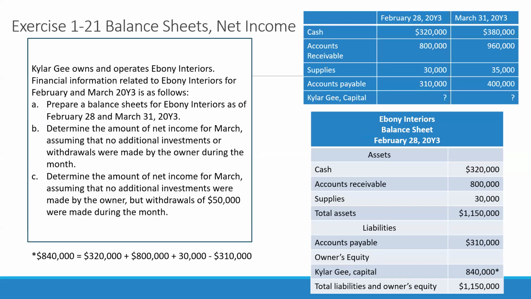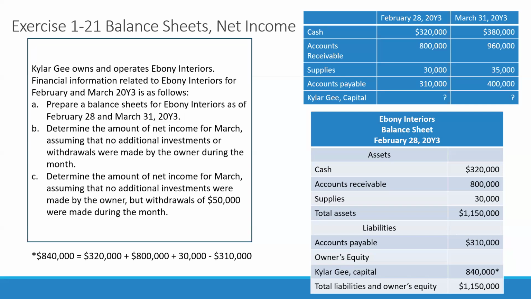So to prepare the balance sheet, we're going to start with cash, then accounts receivable, supplies, and then subtotal it to total assets, and then accounts payable, and then your owner's equity of the capital. This is as of the beginning of the period.